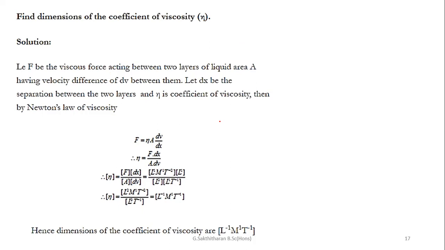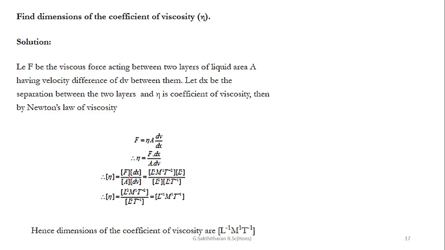Gradient of velocity. This one we will study in mechanical properties, unit 9 or something. So here we are going to find the dimension of the coefficient of viscosity, eta. So eta equals F into dx over A into dV.